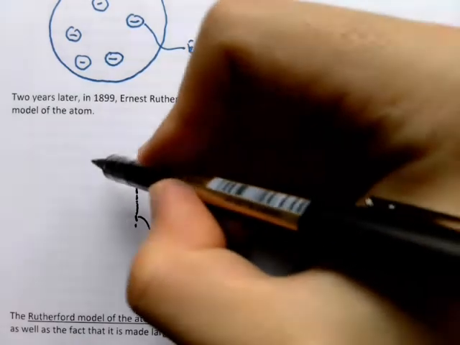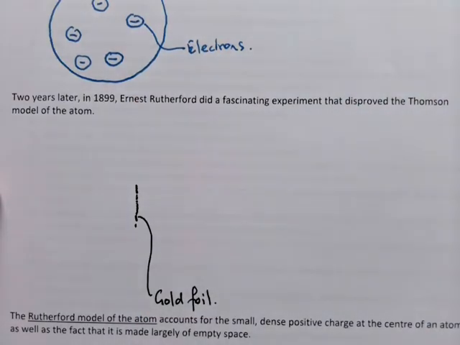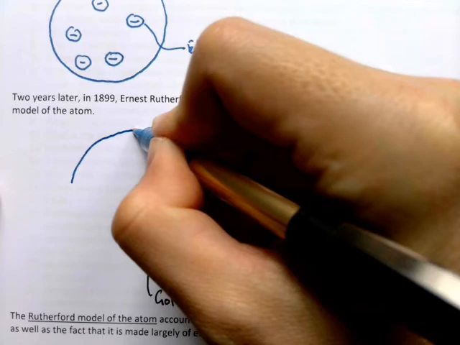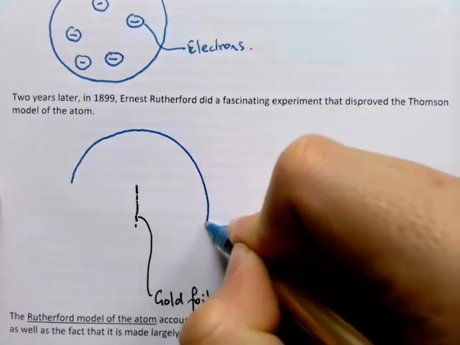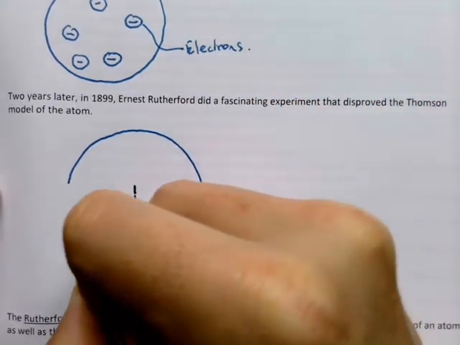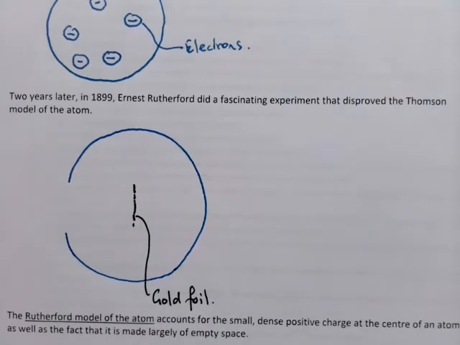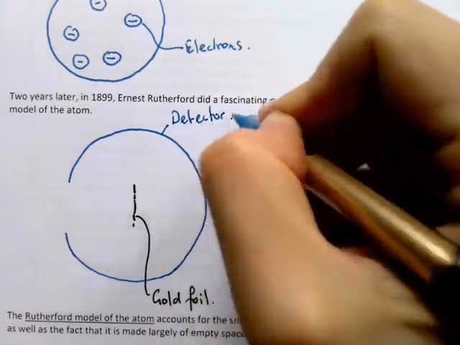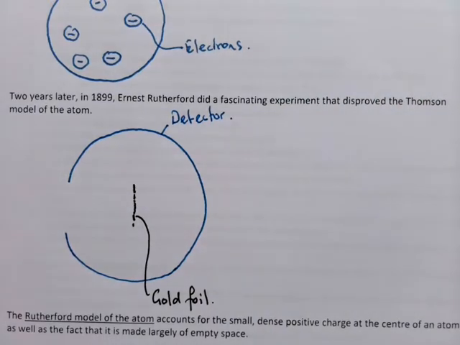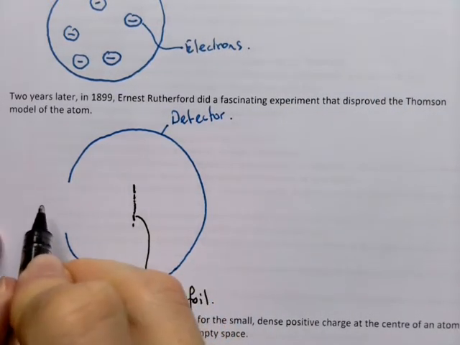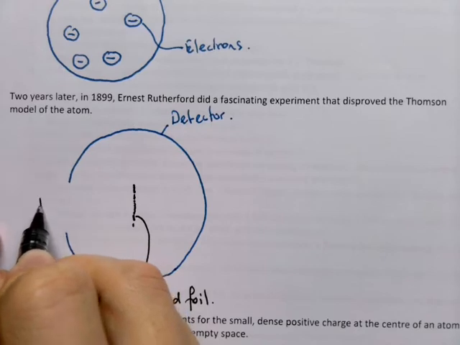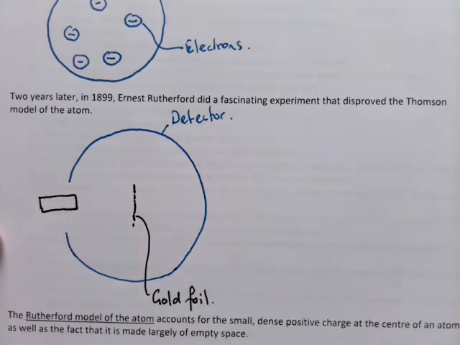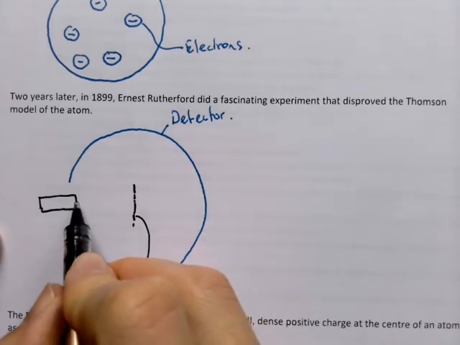And around the piece of gold foil, he put a detector, like this. Now, why did he put a detector around the piece of gold foil? Because over here he had a piece of equipment that would shoot particles.